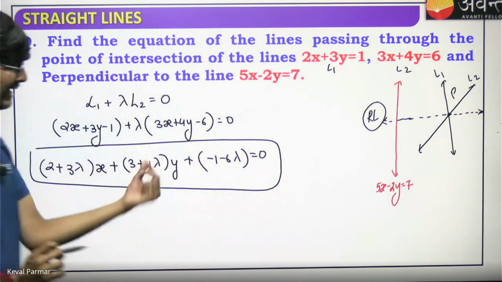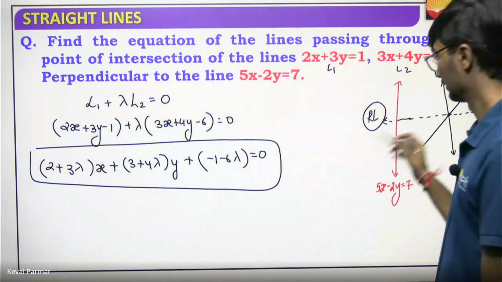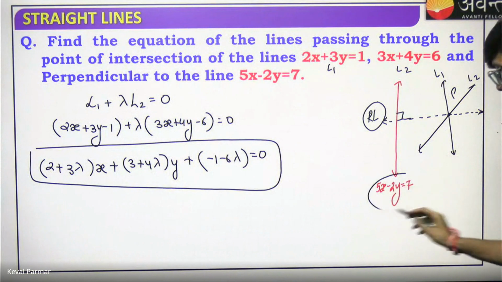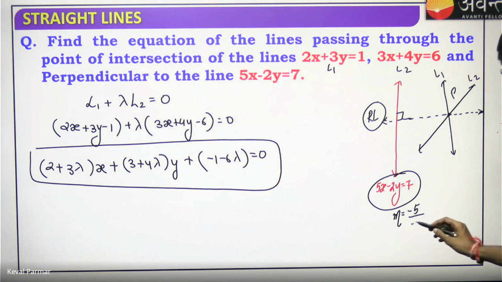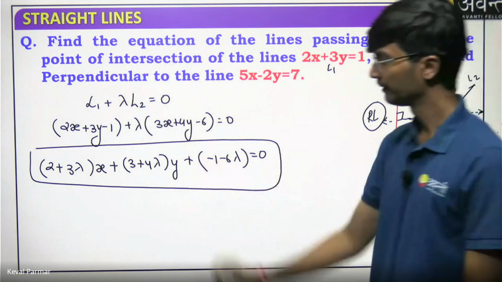We just need lambda. And it is given that the required line is perpendicular to L2. What is the slope of this? Slope will be equal to minus 5 upon minus 2, which is 5 by 2. What is the slope of this line?